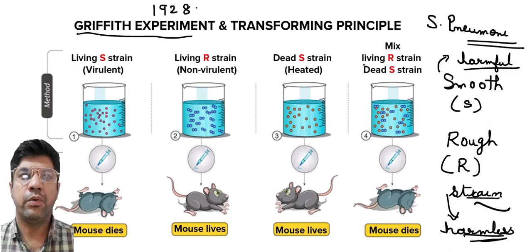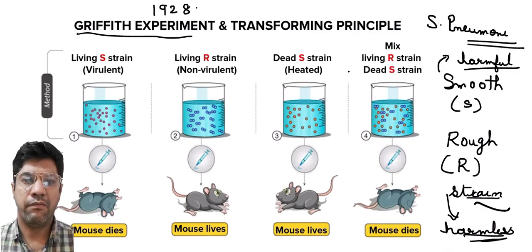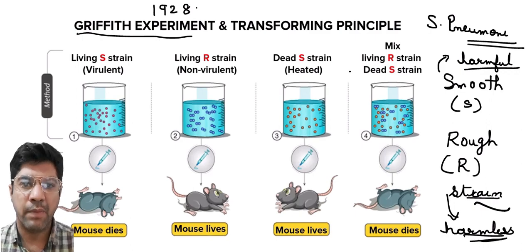Now Griffith wanted to know why the S strain was deadly to mice while the R strain was not.